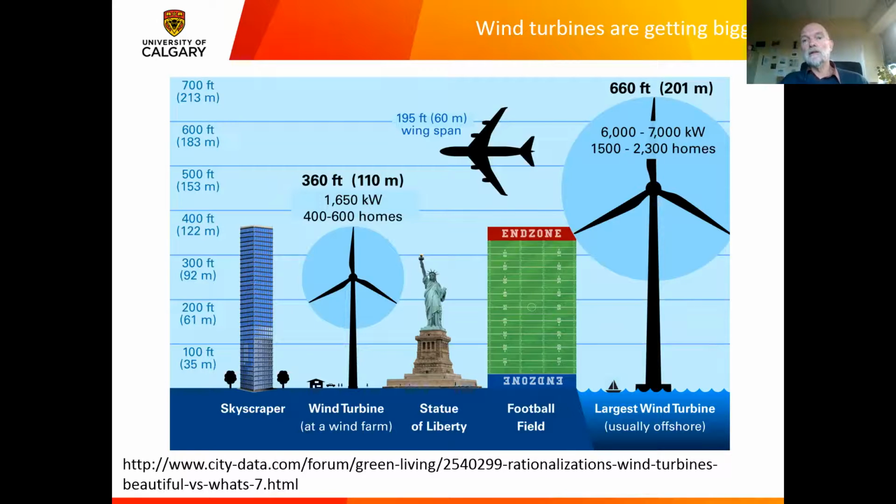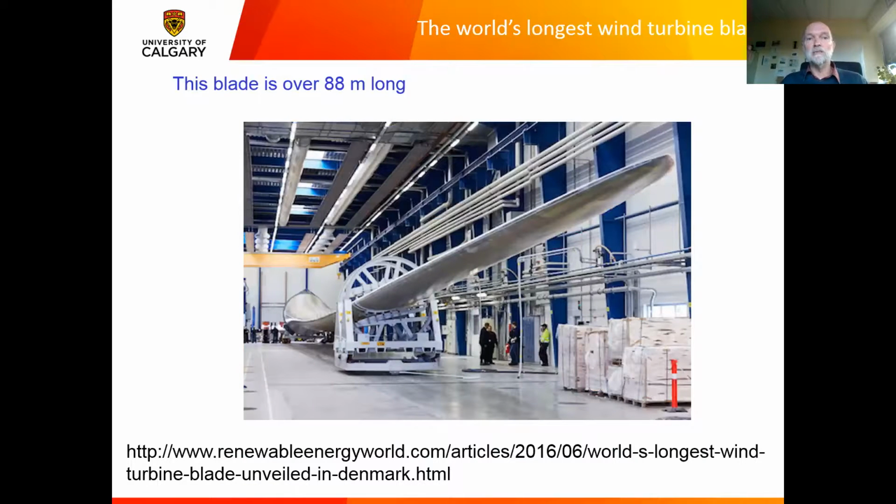But if you go over to the right-hand side, you can see what is a very large wind turbine. And those very large wind turbines are usually designed and installed in offshore locations, usually in Europe. And when you look at how big they are getting, it's pretty impressive.